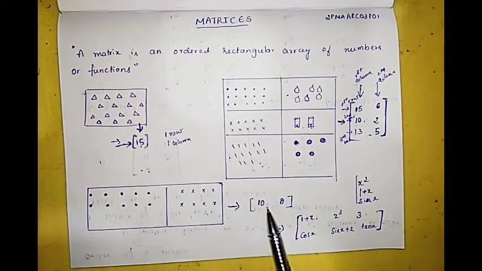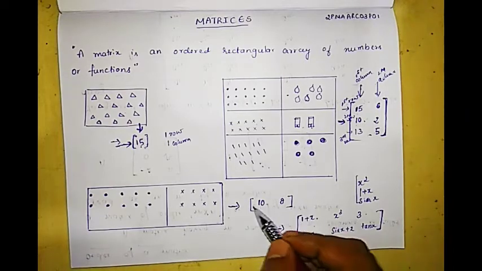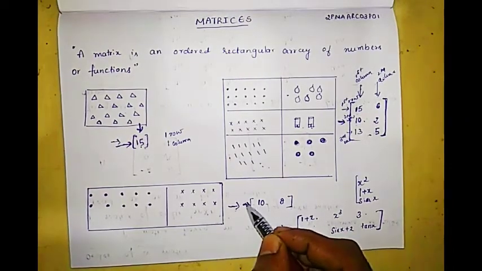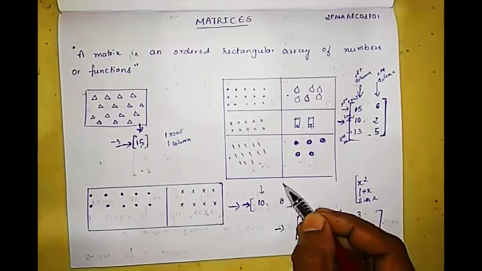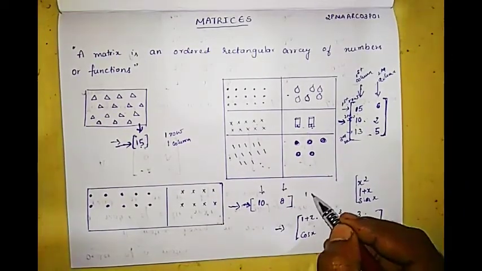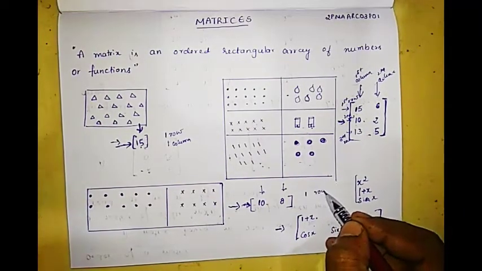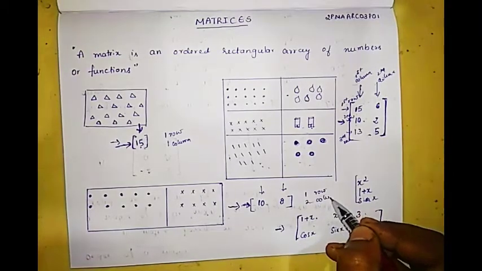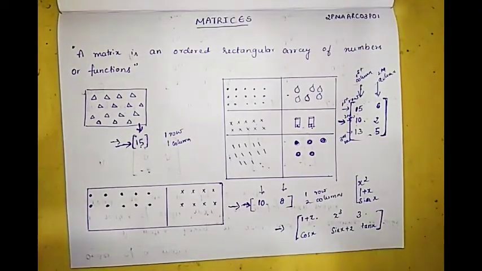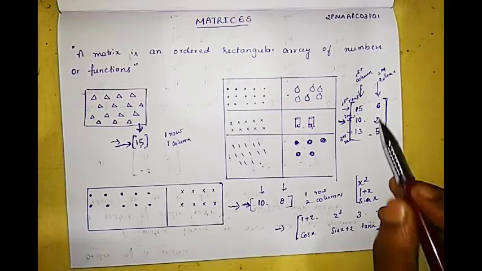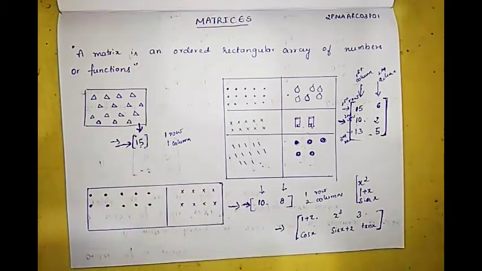Here we have only one row and two columns. This matrix contains one row and two columns. Okay, what is the meaning of row and column in matrices?